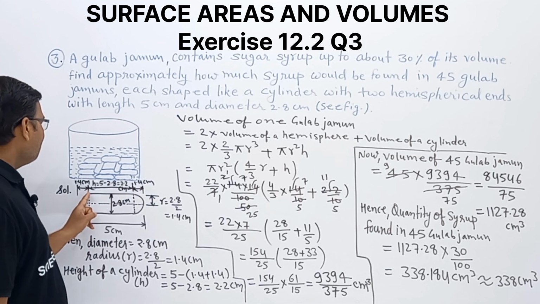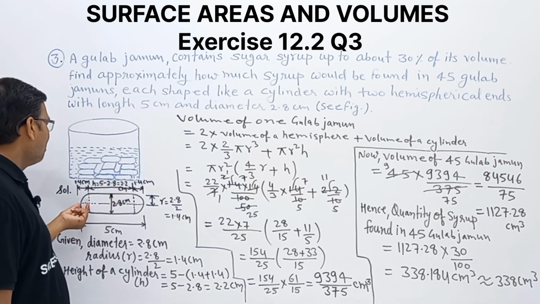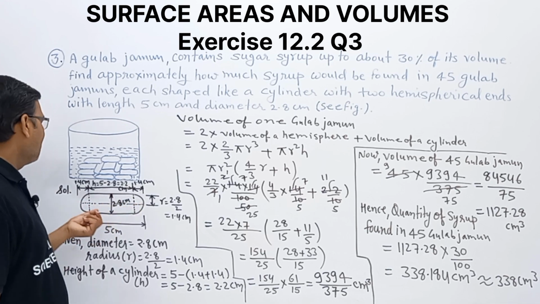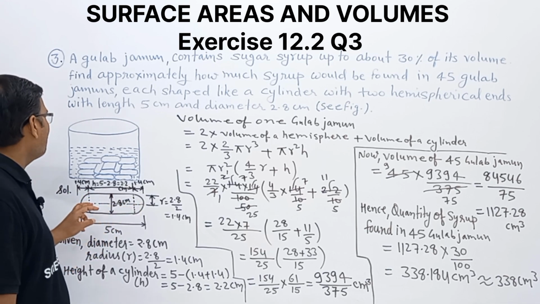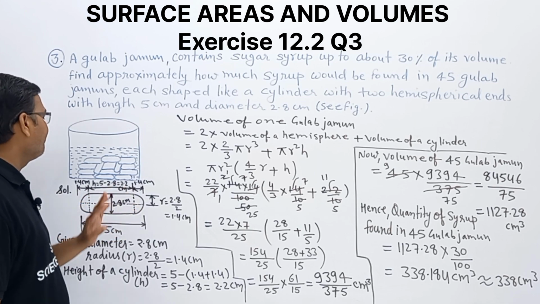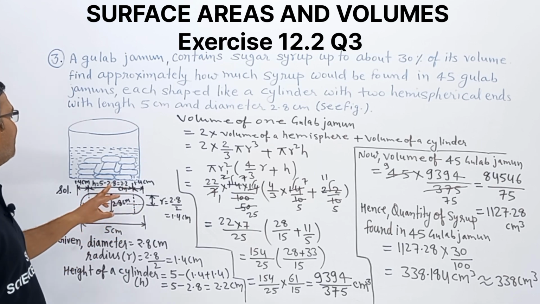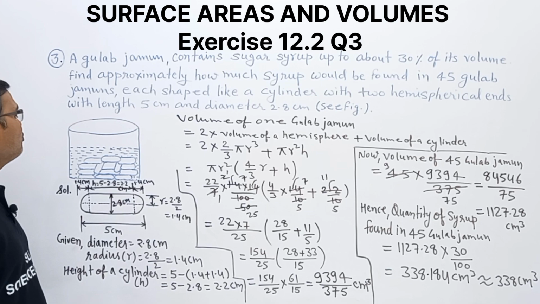Clear? Now we require the height of a cylinder. So height from this point to this one, this is what? Height of a cylinder. So we will remove the height of the hemispheres. So height of a hemisphere is equal to what? Radius of a hemisphere. And radius of a hemisphere is what? 1.4. So 1.4 plus 1.4 is what? 2.8. And once we remove 5 total length minus 2.8, then we are getting 2.2 centimeter.